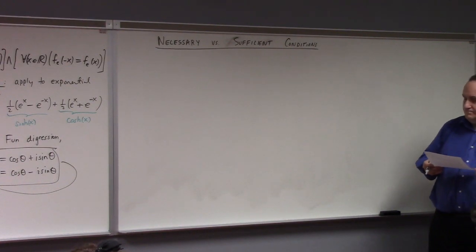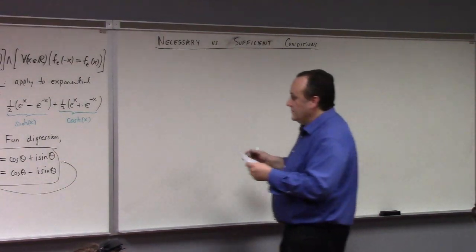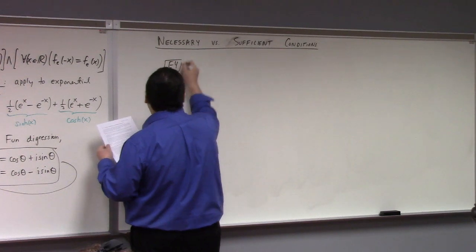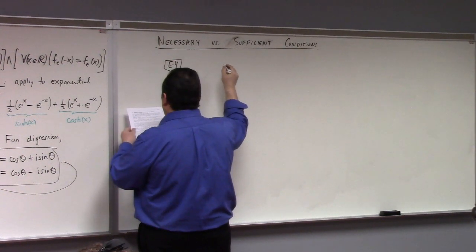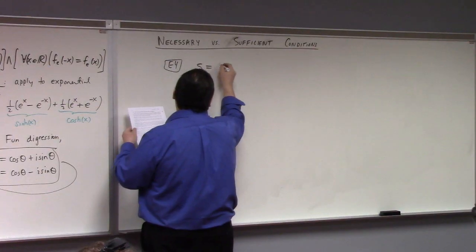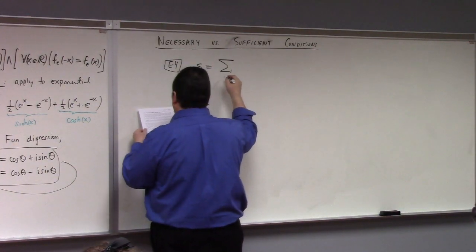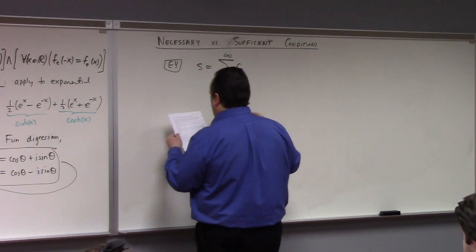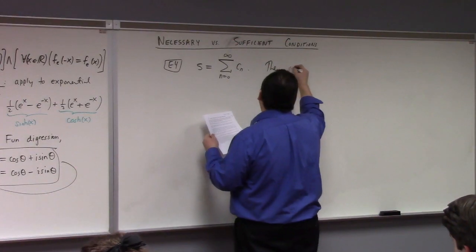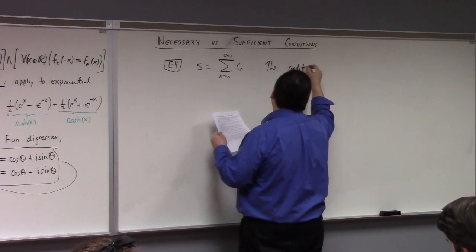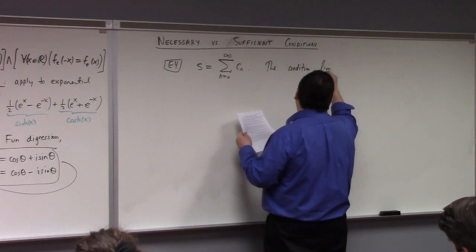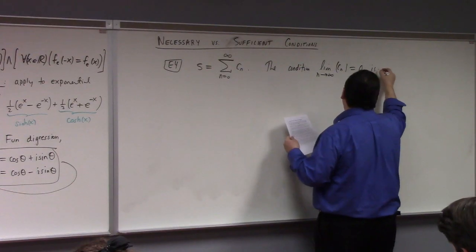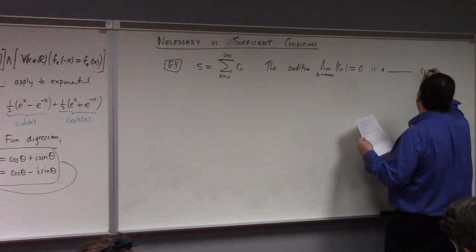It's best to show you some examples here. Example 4. My examples are mostly from Calculus 2. If we consider the series, the sum n equals 0 to infinity of c sub n, the condition limit as n goes to infinity of c sub n equals 0 is a blank condition.